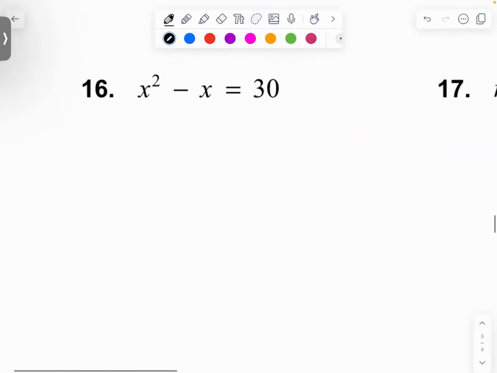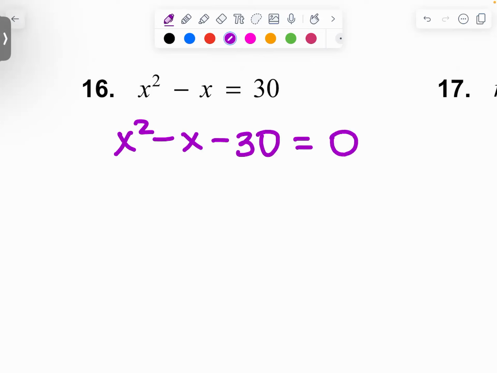Now, this is going to be the last one. What do you notice about number 16? That is important. We cannot factor unless it's set equal to 0. So we have to minus the 30 over to the other side.